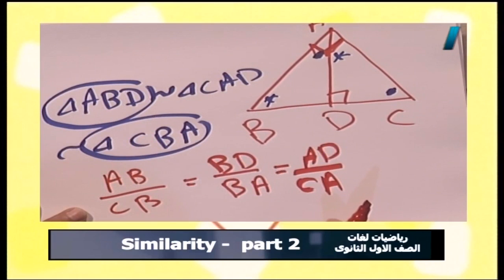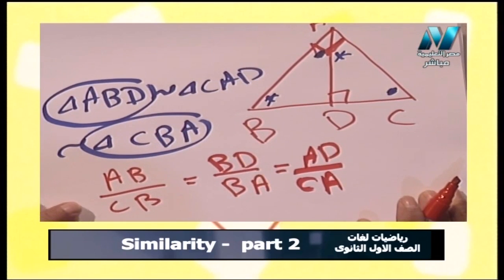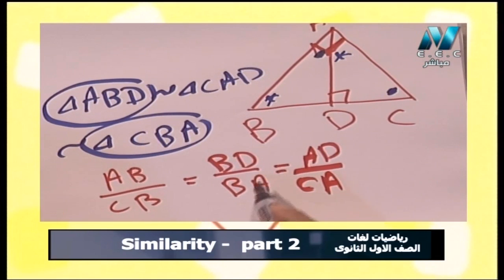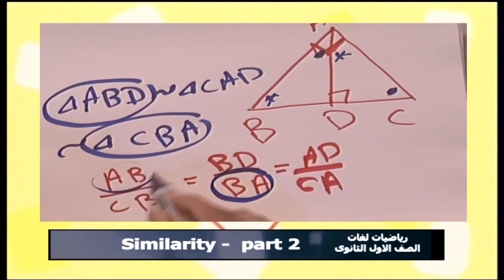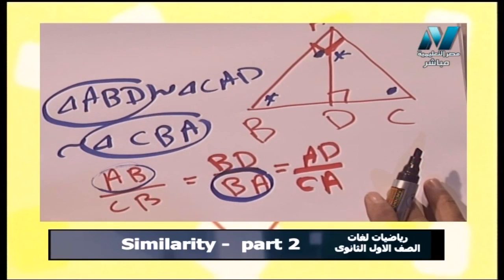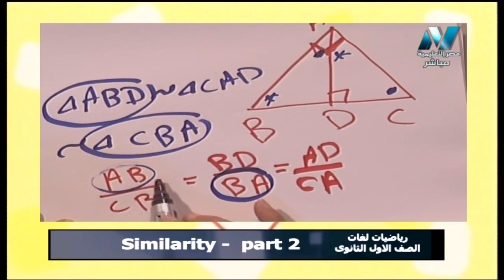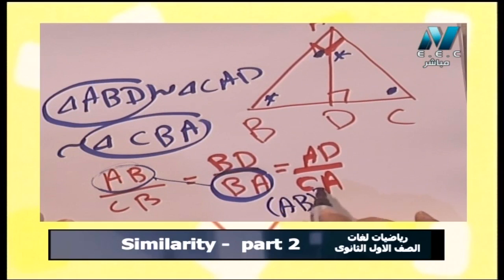Try to find out the similar here. Okay, we have here AB repeated. We have BA twice. So AB times AB will be AB power 2 equals BD times CB.